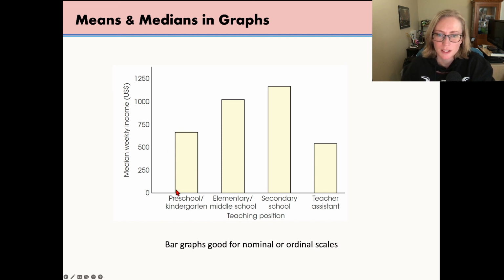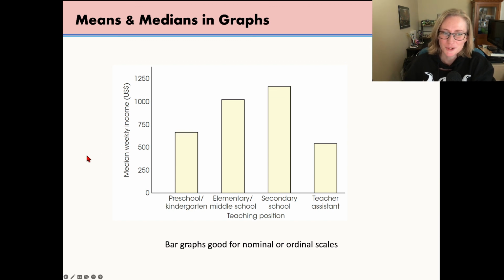So when you're doing something like this, a bar graph for nominal or ordinal scales, in this case, this is income, right? Frequently, we're not going to use the average income because there are billionaires out there, right? Unfortunately, income in the United States is not normally distributed. It is highly skewed.